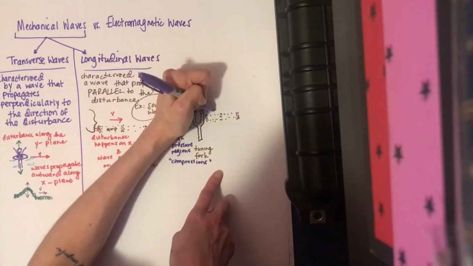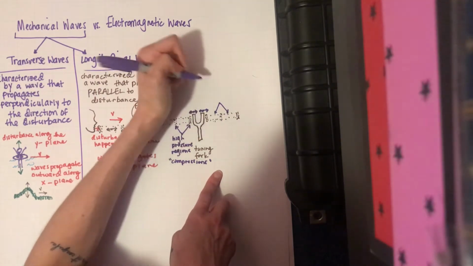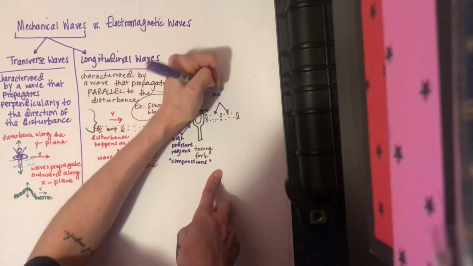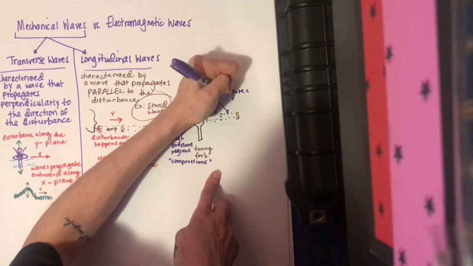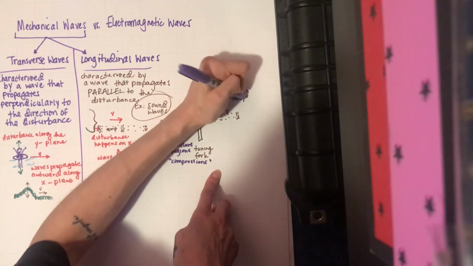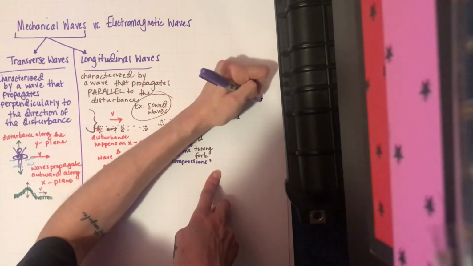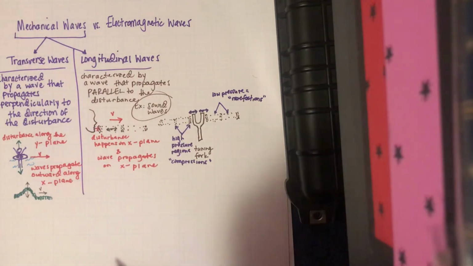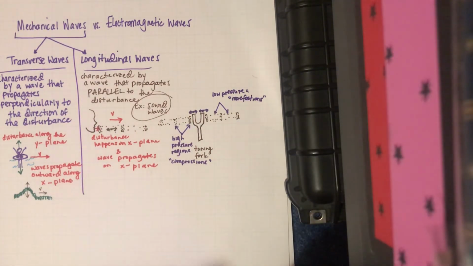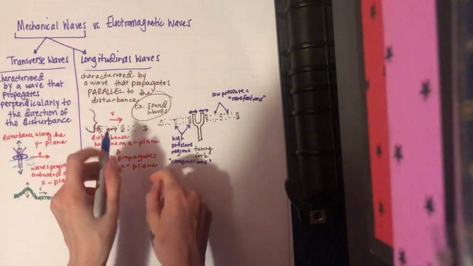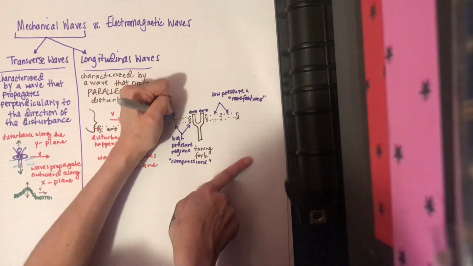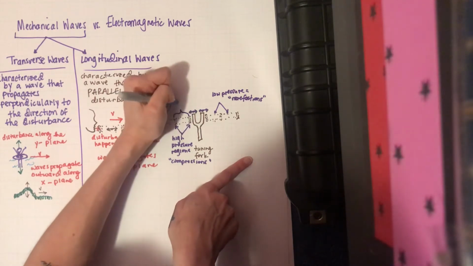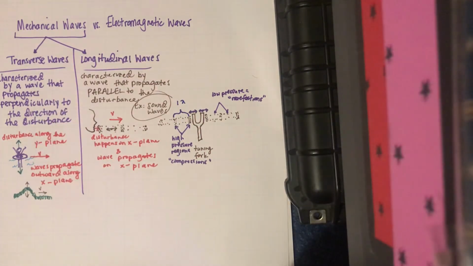And these low pressure regions, which are known as rarefactions. By the way, if we wanted to define one wavelength in a sound wave, we are going to go from one maximum to the next. So this would be 1 lambda.